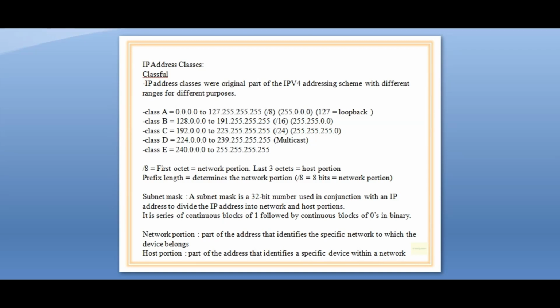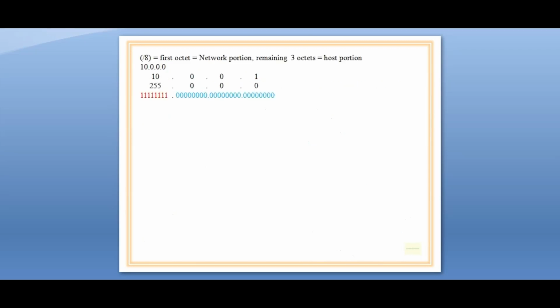Let's understand this with an example. Let's take a class A network, which we will say is a /8, and let's take the IP address 10.0.0.1. This is a class A range IP address, so it will be a /8 network. Remember when I said that the slash notation indicates the network portion? In /8, it means that the first 8 bits or the first octet is the network portion, and the remaining 24 bits are for the host portion, which will help us determine how many IP addresses are available to us.